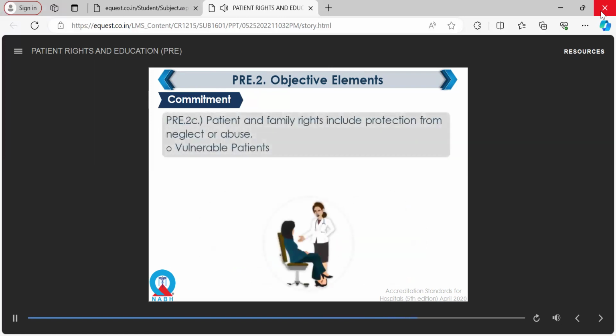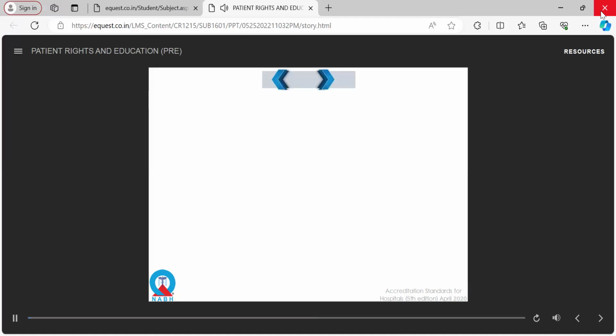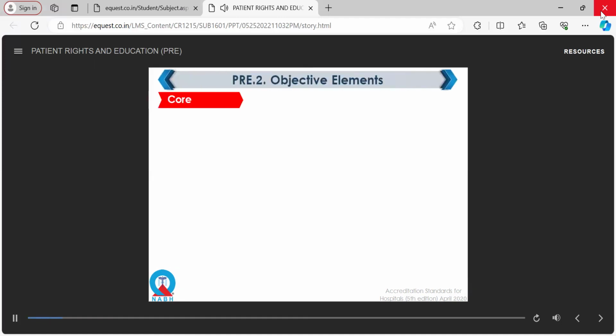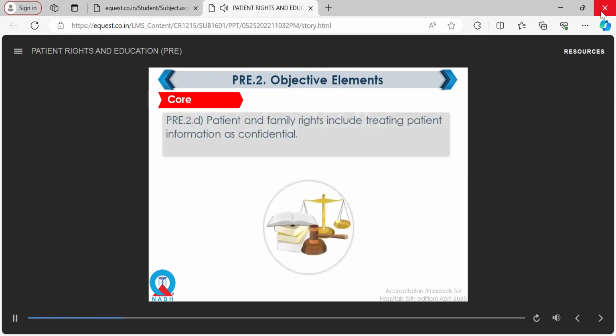The third objective element is also a commitment that patient and family rights include protection from neglect or abuse, like in the case of vulnerable patients. Next is a core objective element which an organization has to follow. Patient and family rights include treating patient information as confidential. It should be according to statutory requirements.